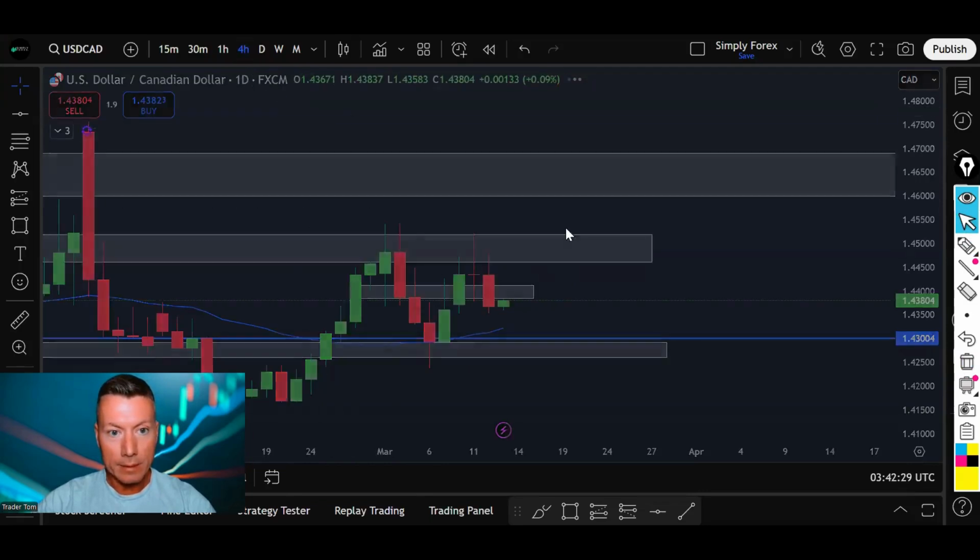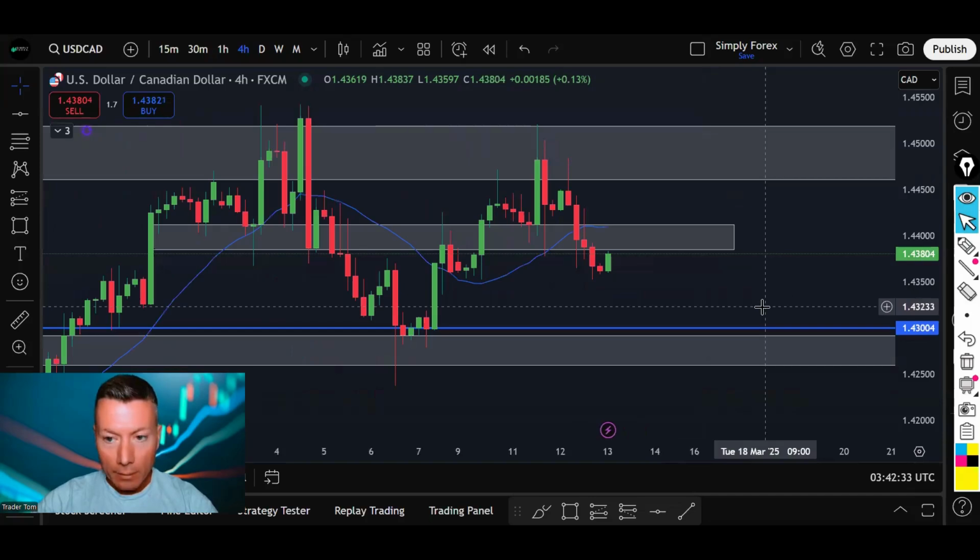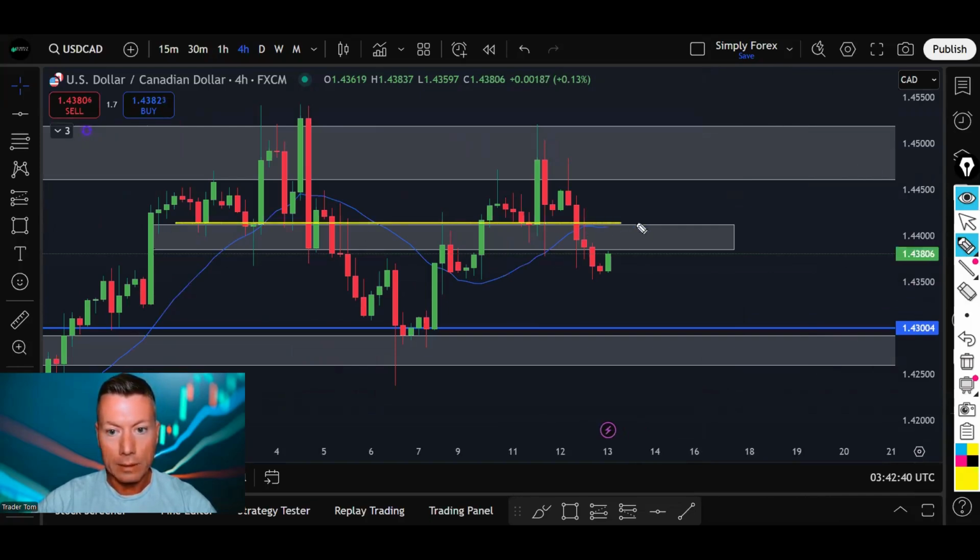Now if we drop down to the H4, this is where we find our entry. Again, I'm just looking for levels where price has reacted many times, and hence this grey box in here. You can see price has reacted here, here, here, here, here. This is a good level for US dollar Canadian dollar. So if price retraces into here, we've got the moving average 20 coming round as well.